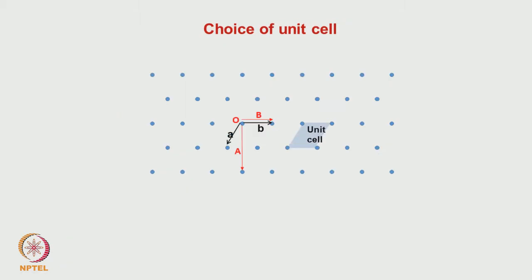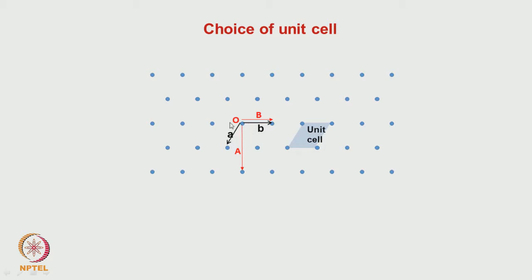Now, before we go into the general procedure, let us take it with just an example. This is again a hexagonal two-dimensional lattice which I had shown. In this lattice, this is the A lattice parameter, and this is the B lattice parameter, which is equal to A. A and B are equal, and the angle between them is 120 degrees.